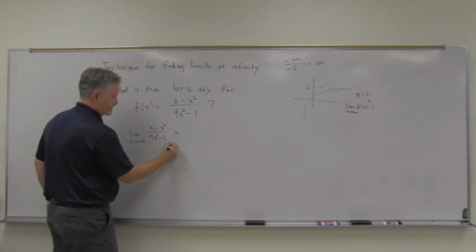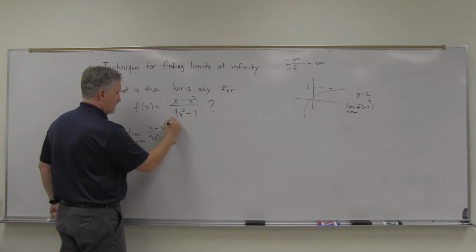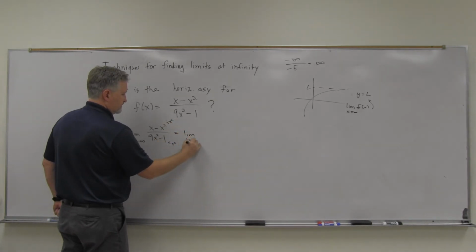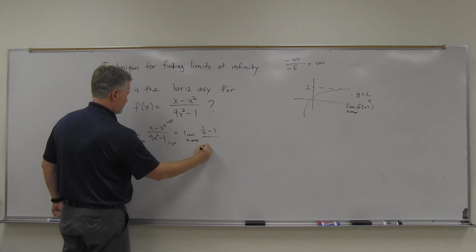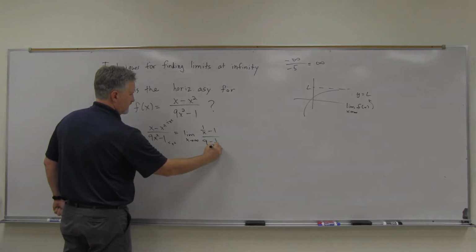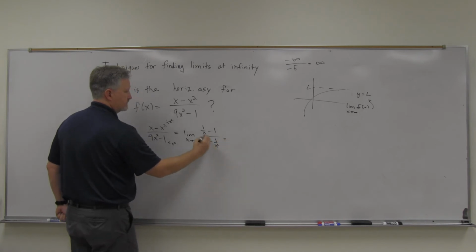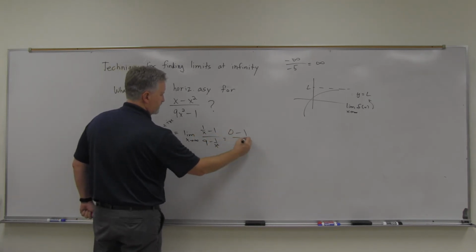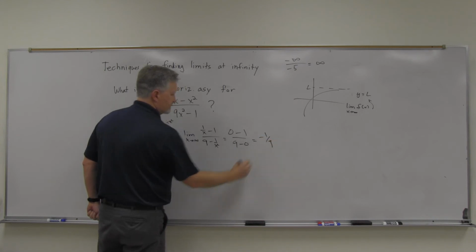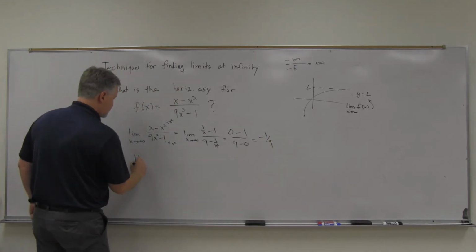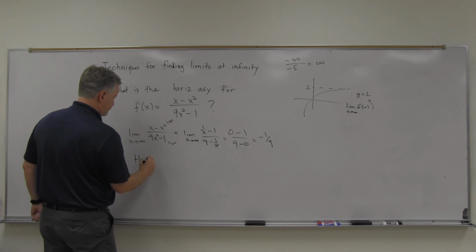So here I divide by x squared. So that gives me the limit as x goes to infinity, 1 over x minus 1 over 9 minus 1 over x squared. So that's 0 minus 1 over 9 minus 0. It's negative 1/9. That's the limit. And so the horizontal asymptote then is y equals that.